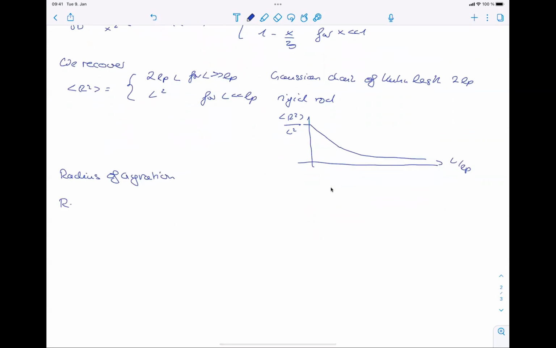So the radius of gyration, R_g squared, is defined as 1 over L times the integral from 0 to L dS.